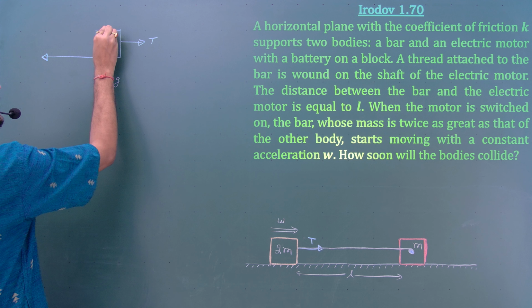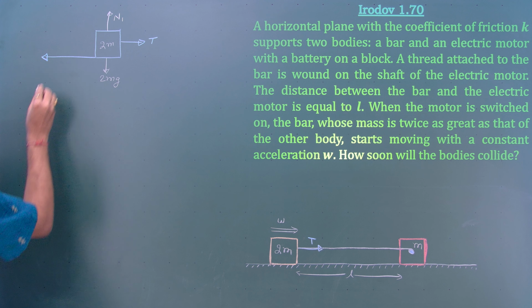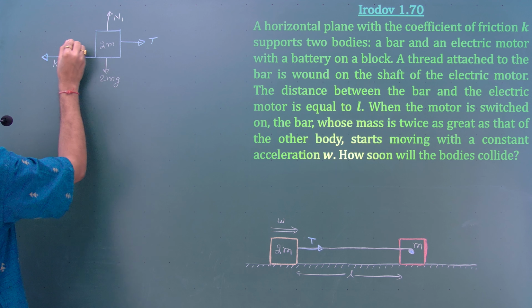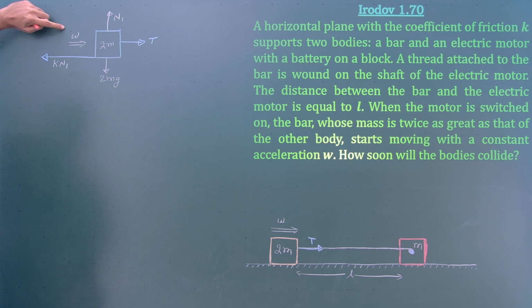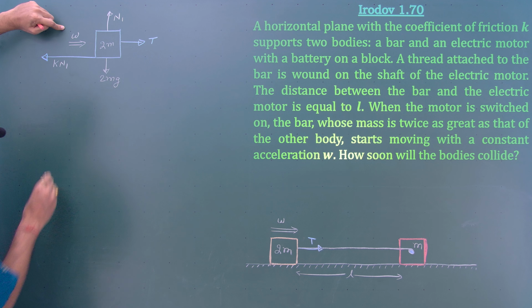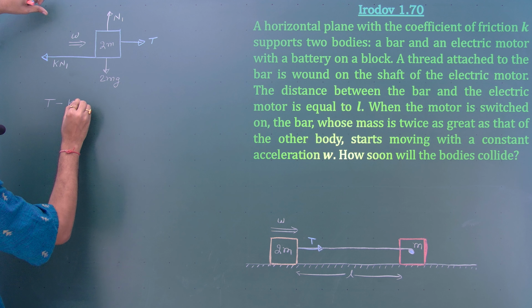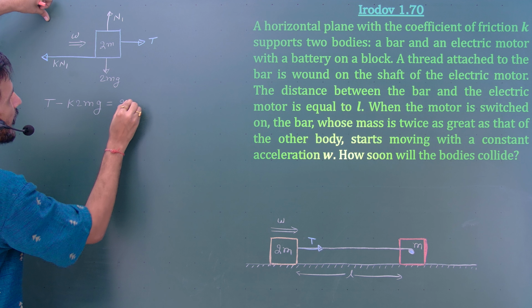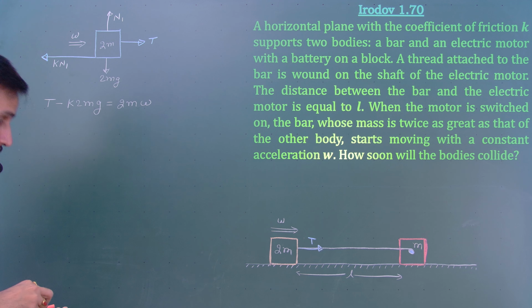So the normal reaction N1 is 2mg and the friction force is K into N1, and the block moves in this direction with acceleration W. So what is the Newton's law equation? T minus K N1, N1 is 2mg, should be equal to mass into acceleration. So this is the first equation.